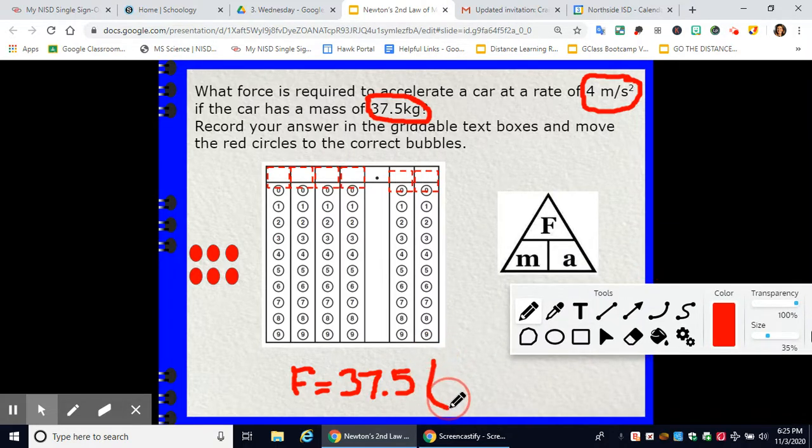I'm just going to put that in parentheses. When you multiply 37.5 by 4, you will calculate the net force required to accelerate the car. And then you would grid that whole number here and then decimals after.